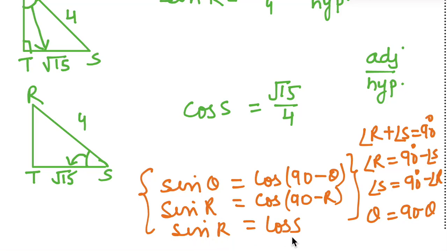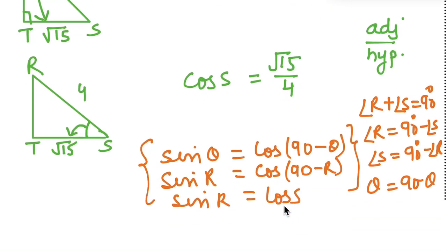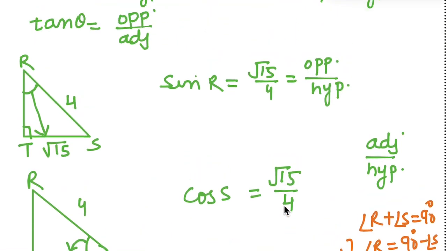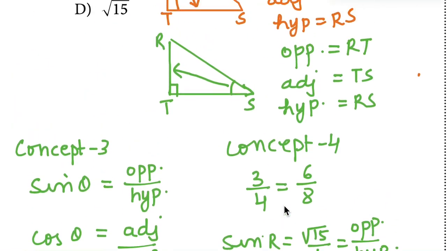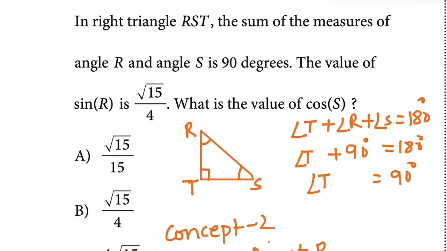Sine R is going to be equal to cos of S, so no need to do anything else because this is what is asked in the question. But if you don't want to learn so many properties, at least we can go quite easily with this question by very simple and general concepts. So I hope that is clear.